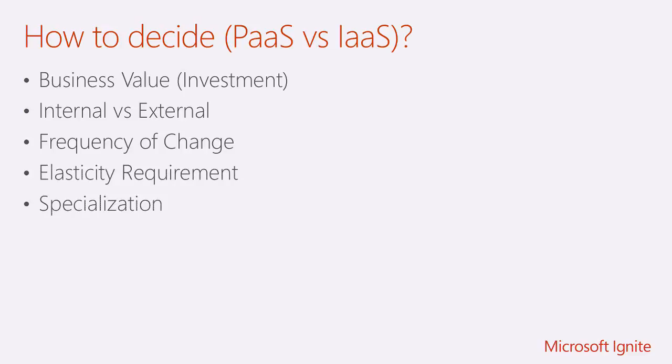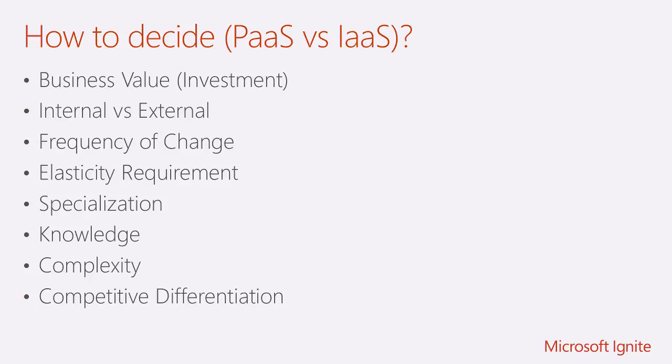Elasticity requirements. Specialization, if it's not part of your organization's niche or knowledge. Complexity: if you have part of the system, an application that is really complex, and you know the effort is going to be so big to move to platform as a service, then you might be forced to move to infrastructure as a service, even for temporary reasons.